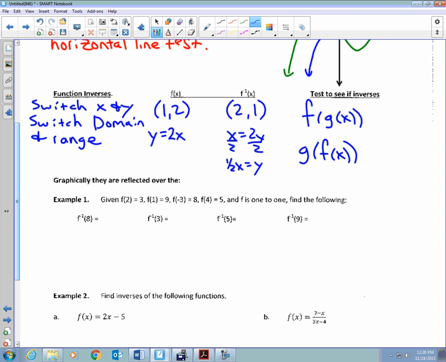When we compose them together, we will get out the identity. Remember, what was the identity under addition? 0. What is the identity under multiplication? 1. The identity under composition of functions is x.